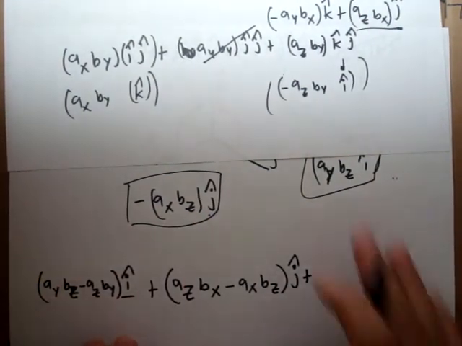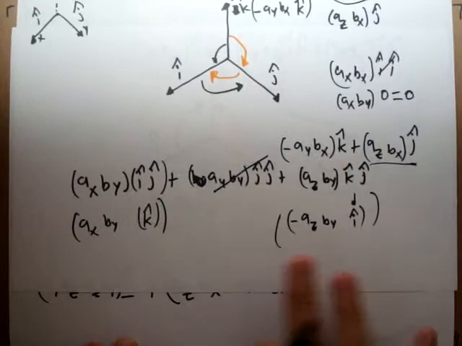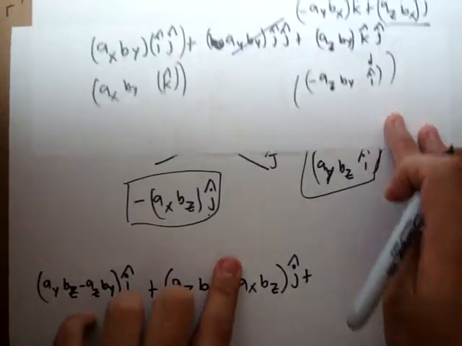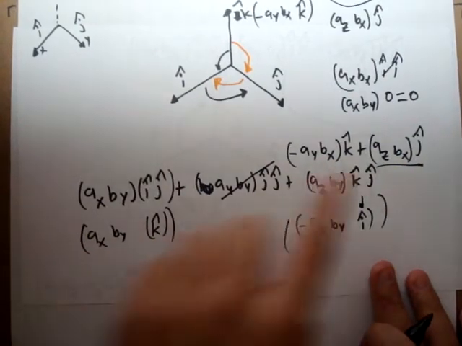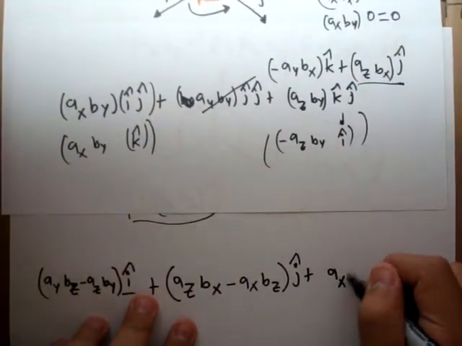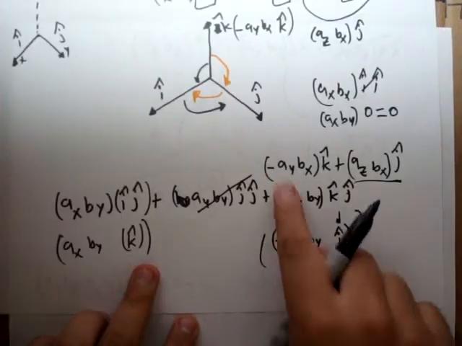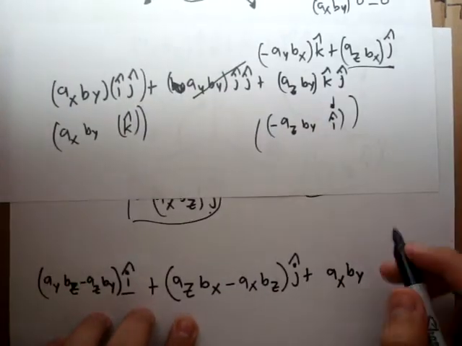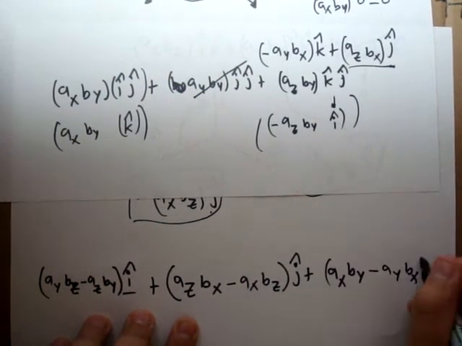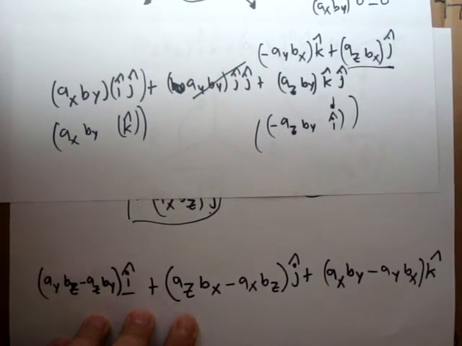Now the last term is a K caret. Let's see where we have a K caret. Here's a K caret and here's another K caret. So let's start with the positive first. Plus AX BY. And here's the second term. Minus AY BX. This is the K caret.